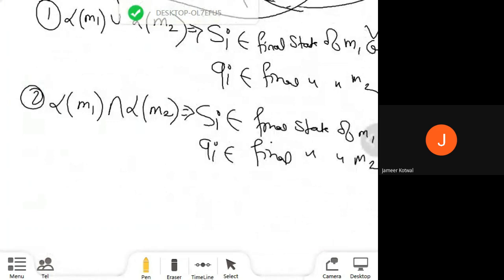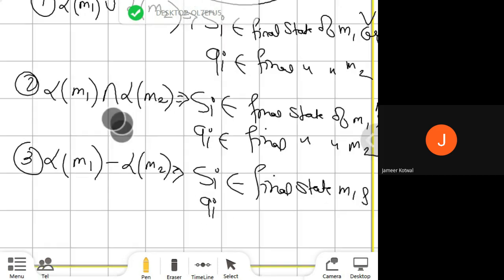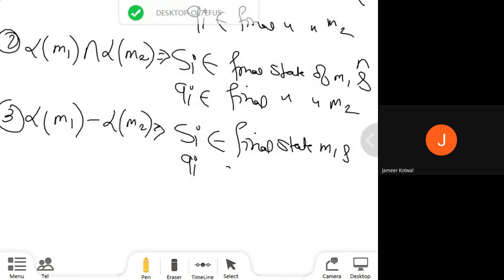The difference says the language of machine M1 difference the language of machine M2, and here from machine M1, it belongs to a final state of machine M1, and from machine M2, that is Qi, which does not belong to a final state of machine M2.